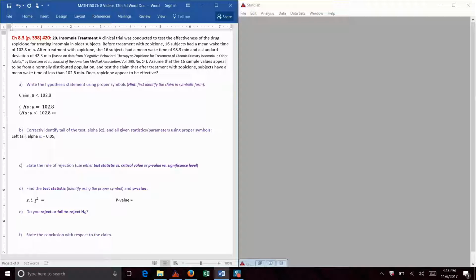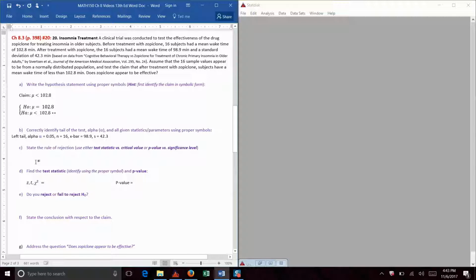And then our sample information: our sample size was 16 adults. Our sample that we're interested in is those that have had the treatment, so our sample mean, x bar, is 98.9 minutes, and our sample standard deviation is 42.3 minutes.